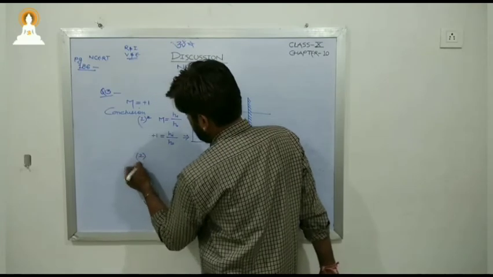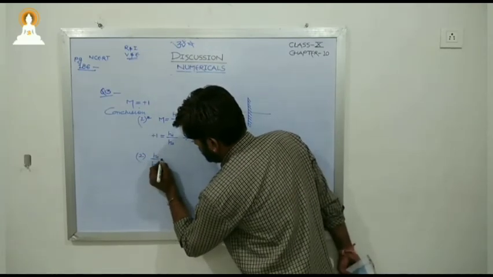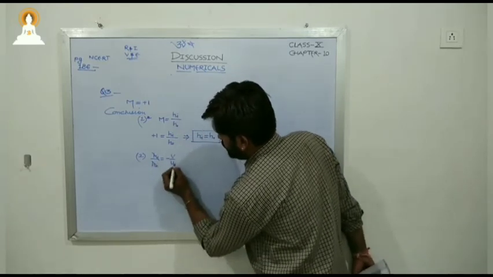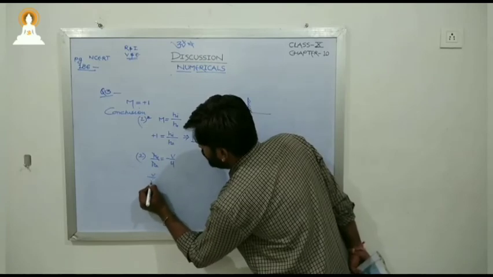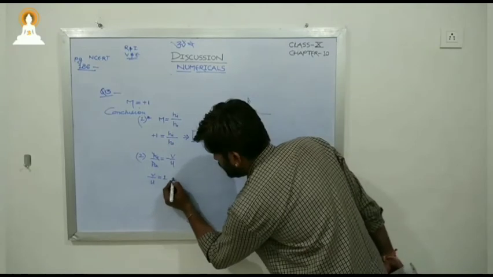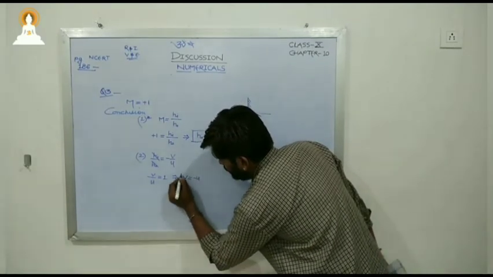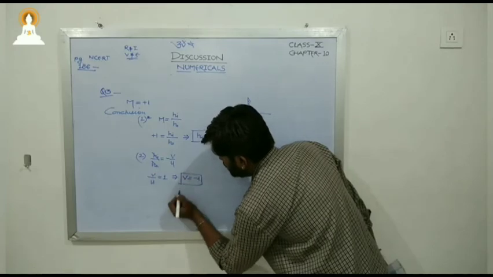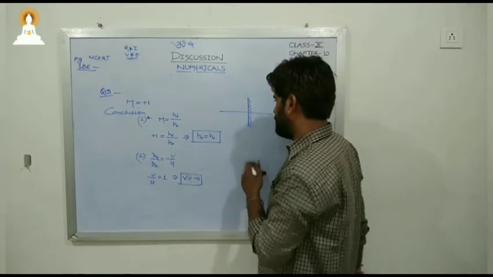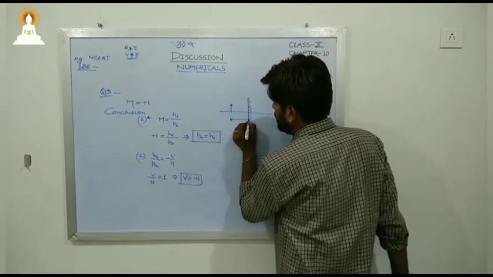Now the second one. We also know that height of image upon height of object is equal to minus v by u, and both are equal. So minus v by u will be equal to 1. It means v will be equal to minus u, which means the position of the object from the mirror will be equal to the position of the image from the mirror. Suppose the position of the object is here, that is u.